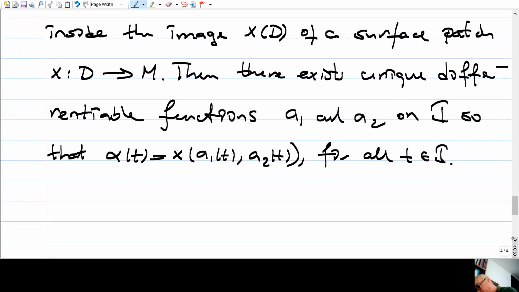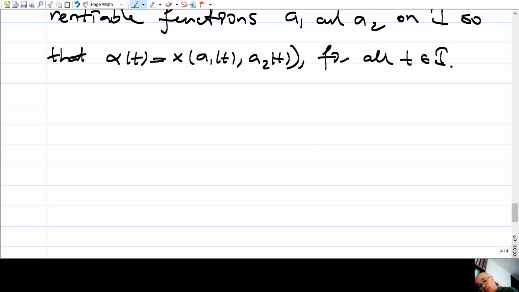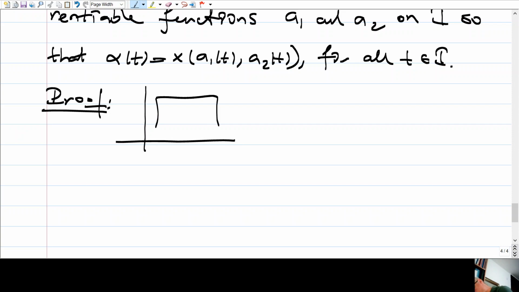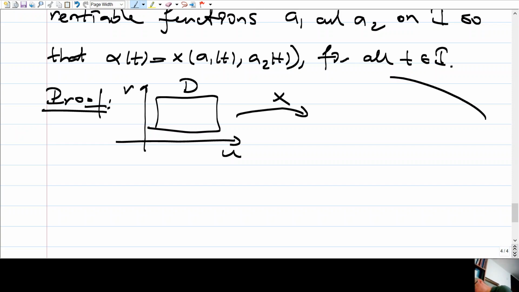So let me explain what's going on in the proof. This is what's happening. I have a surface patch defined on some region D in the uv-plane, and this is my surface patch.